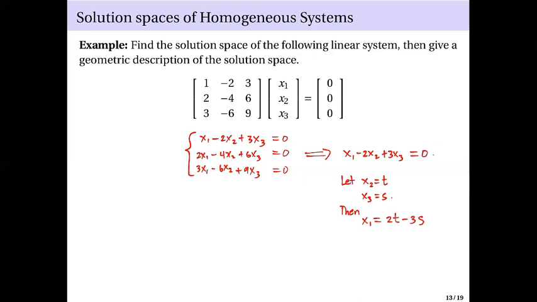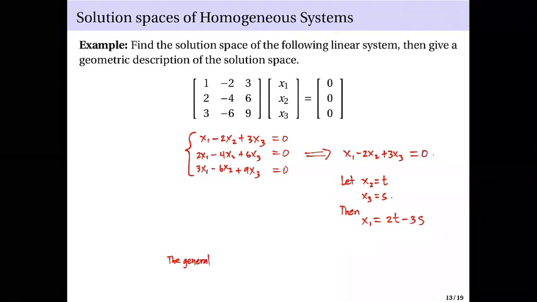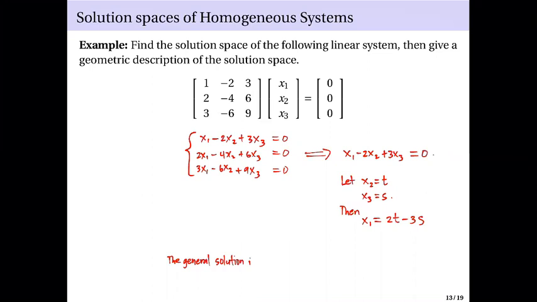So the general solution is the vector of the form (2t minus 3s, t, s), right?